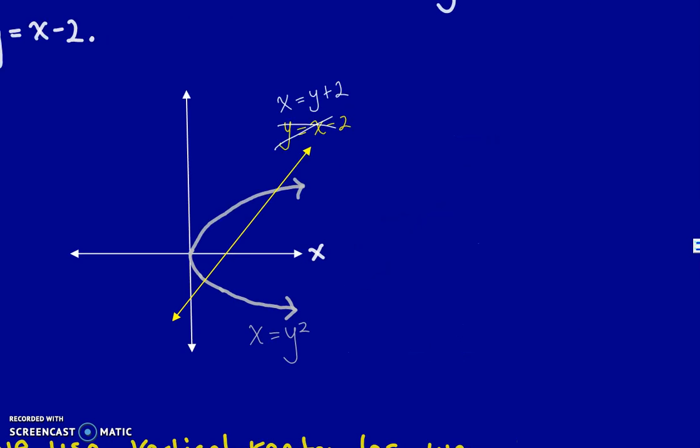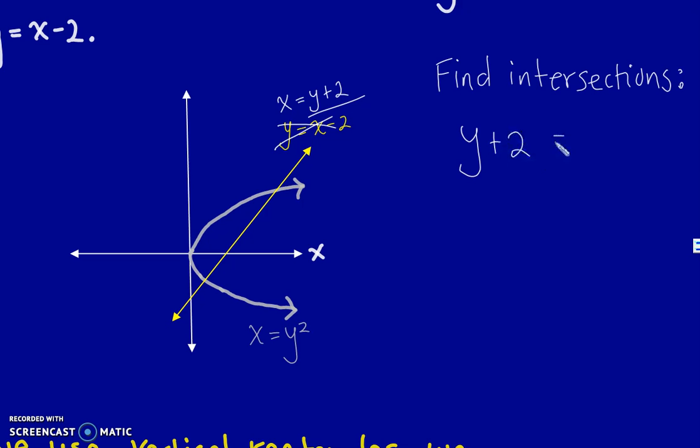Before we move on with this, go ahead and find the intersections. Remember that to find the intersections, you have to set the two equations equal to each other and solve. So you set x equals y plus 2 equal to x equals y squared and solve.